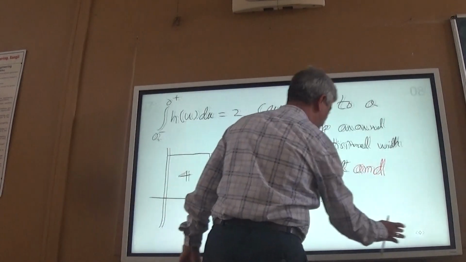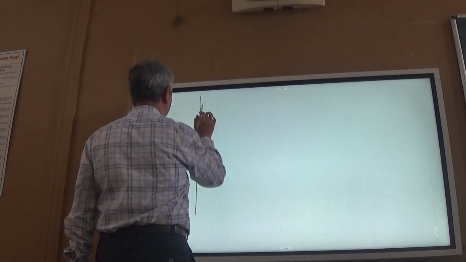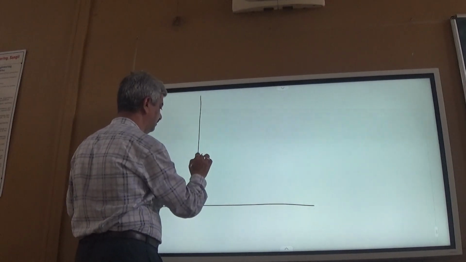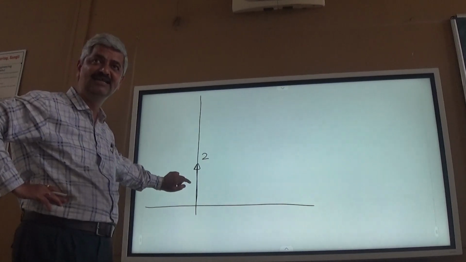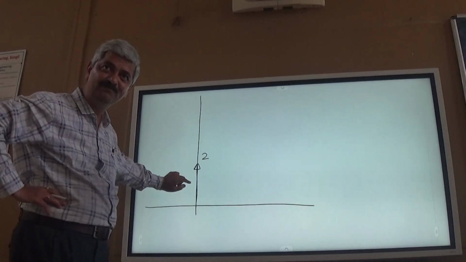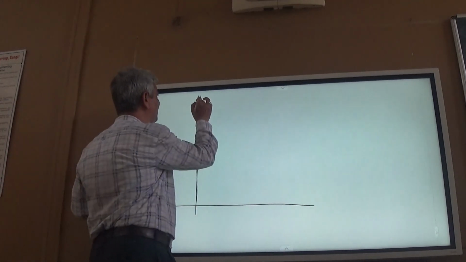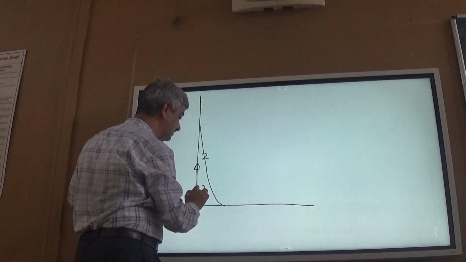For an ideal amplifier of gain 2, the transfer function is an impulse. This is the transfer function of an ideal amplifier of gain 2, whereas for a practical amplifier, we get such a thing. This area.